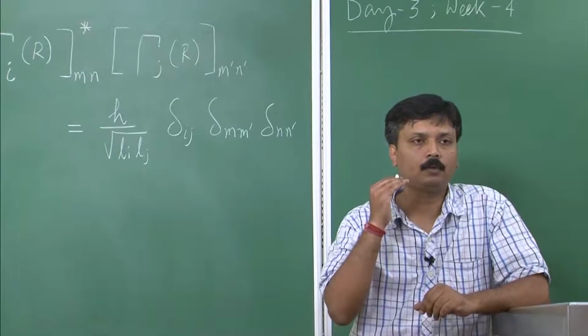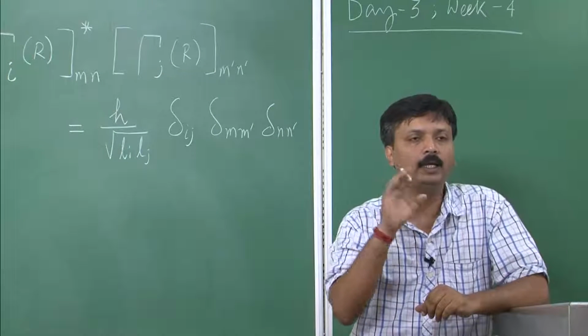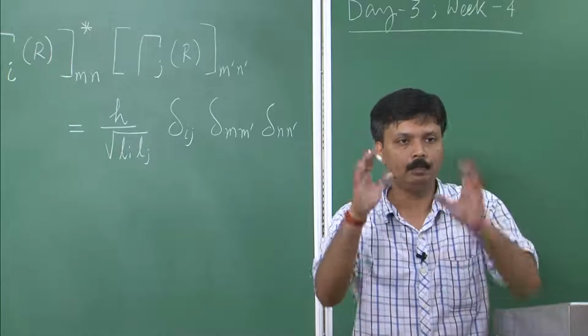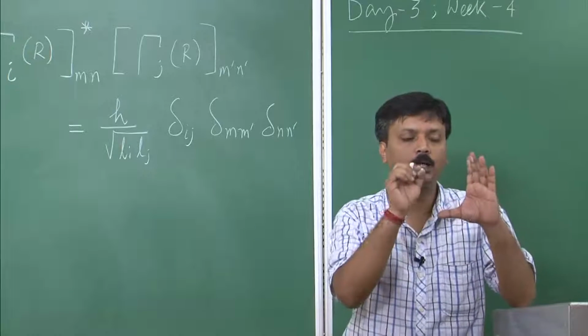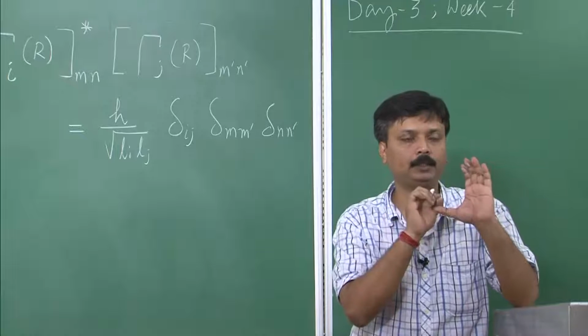Now for any given IR, I have the matrices, and I can choose any element from that matrix.